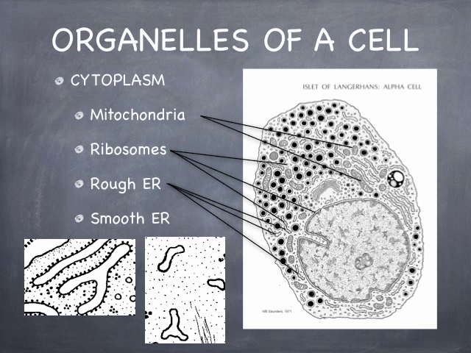There isn't a lot of them, and they tend to be smaller on the whole than the rough endoplasmic reticulum. But it's really the presence or the absence of the ribosomes that distinguishes a rough endoplasmic reticulum from a smooth endoplasmic reticulum.